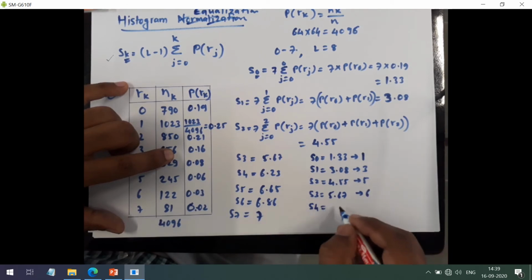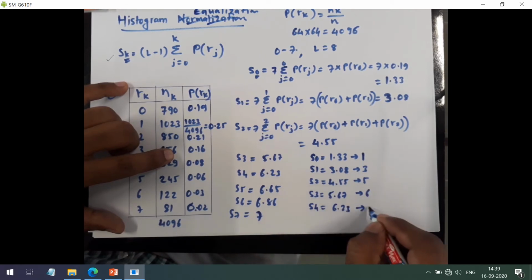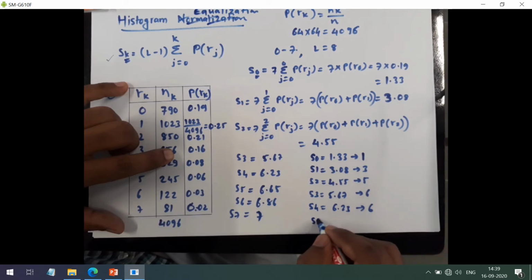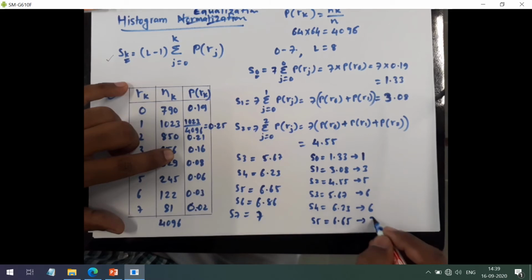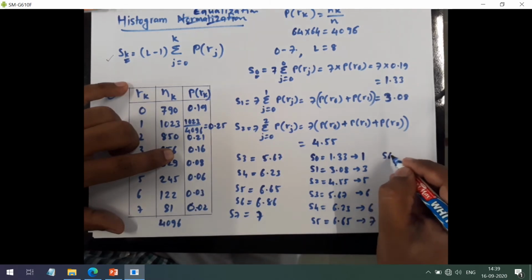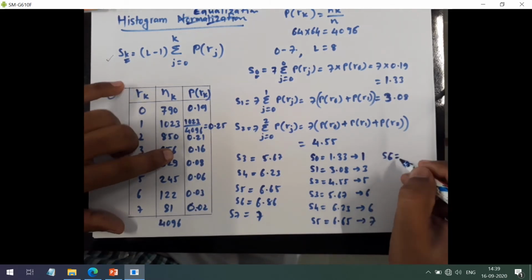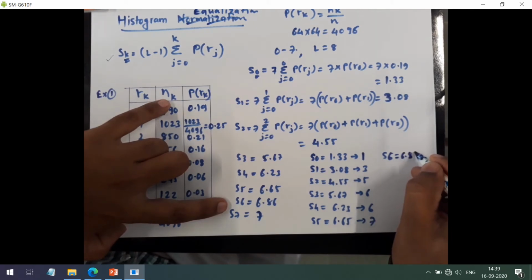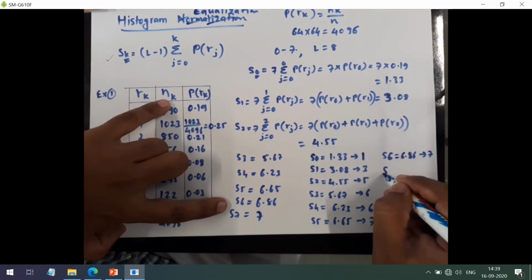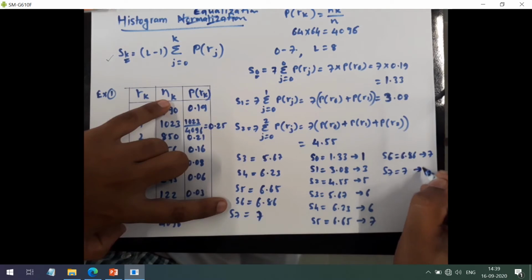S4 is 6.23, which will become 6. S5 is 6.65, which will become 7. S6, which is 6.86, will become 7. S7, which is 7, will remain 7.